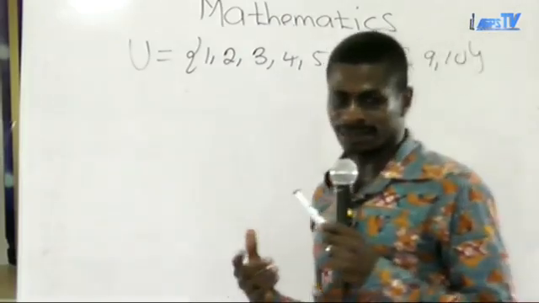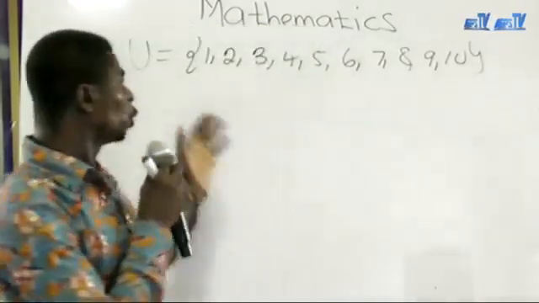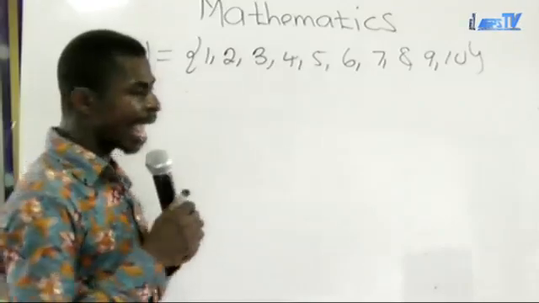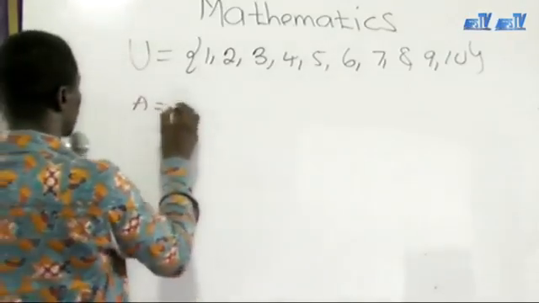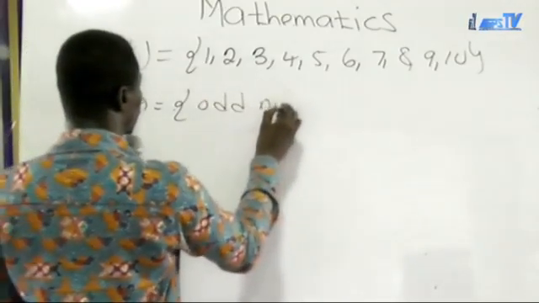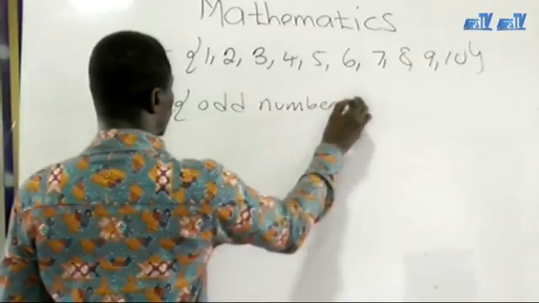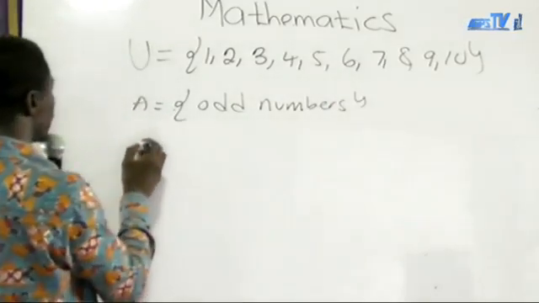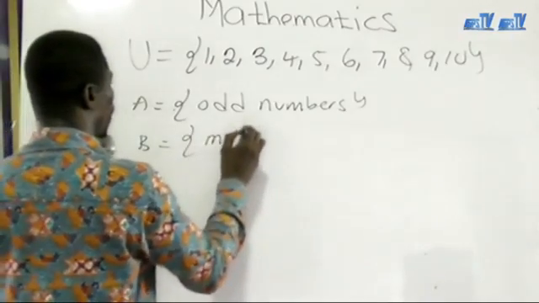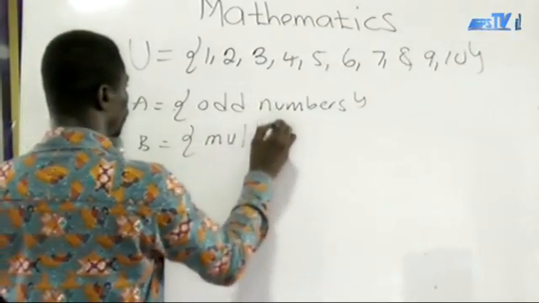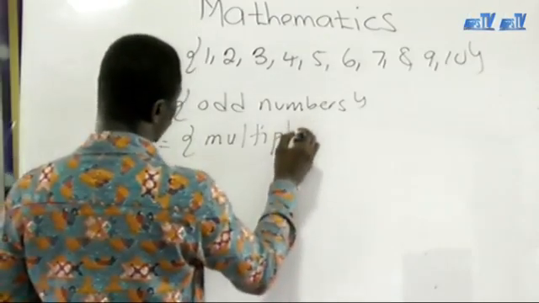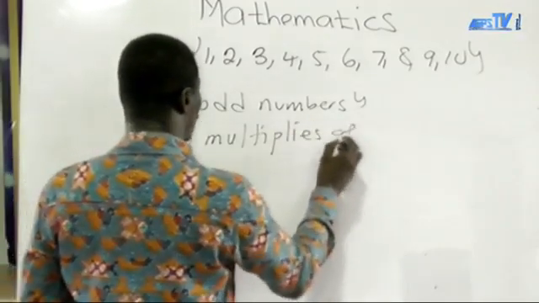Sometimes you have a question. They say that if U is the universal set and set A is a set of odd numbers, and then set B is multiples of 3.